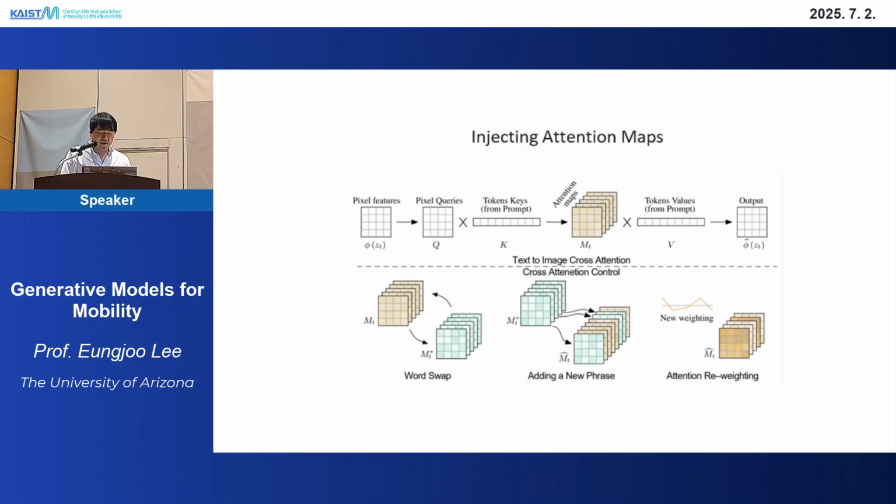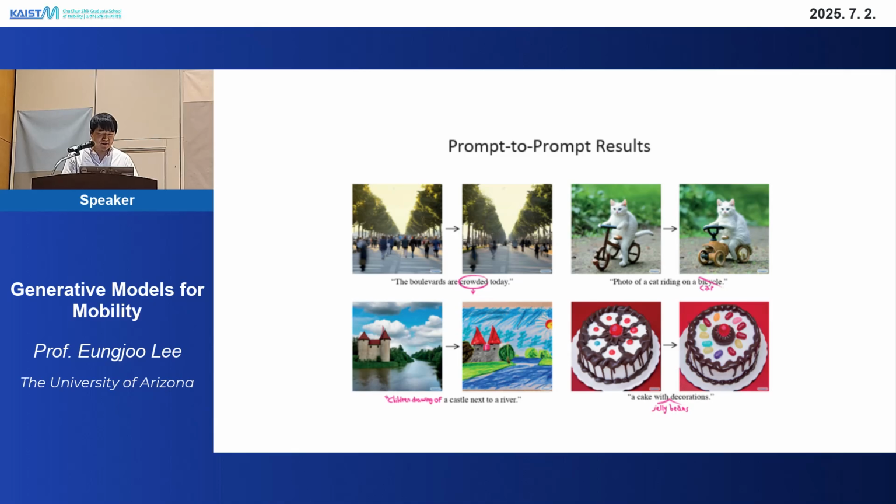So here, this is a key concept behind how you can have this style transfer. And ControlNet is one of the representative ones, so that you can inject some text or text embedding into the attention map, so that you can have a more robust or better generation output. So these are some examples from a recent paper, and let's take a look at the image on the top right.